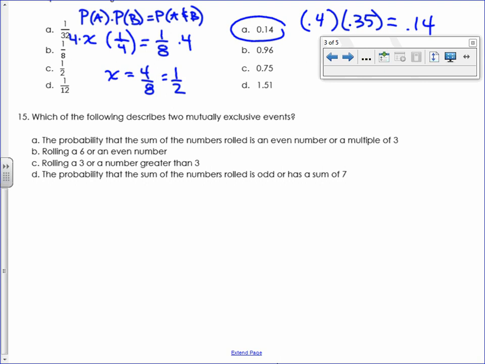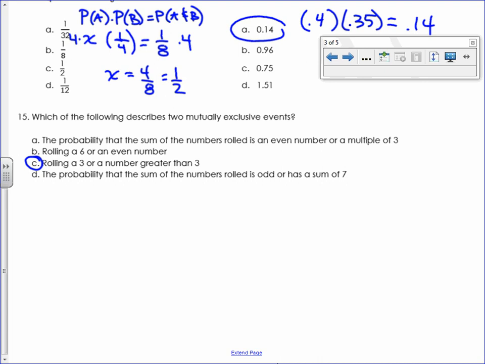Yes, because you could roll a 1 and a 6, or a 4 and a 3. Both can happen at the same time because 7 is odd. The answer is C, because those two can't be true at the same time.